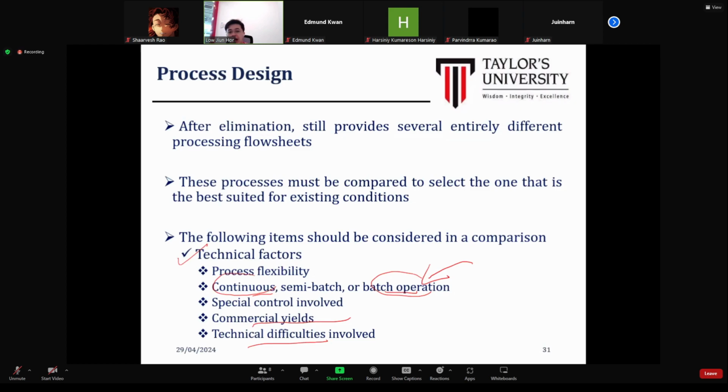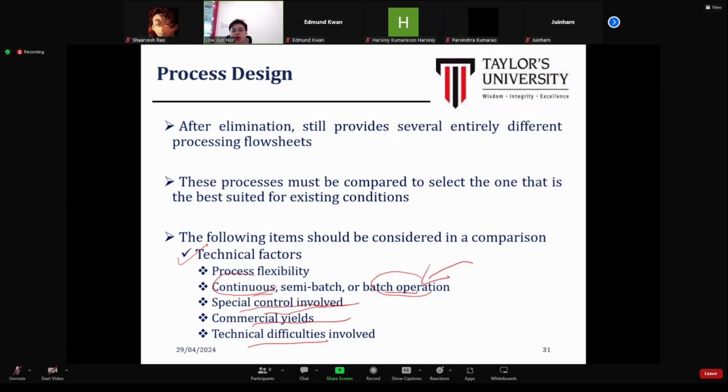Based on the selected technology that we are going to use in our design, does it involve any control system or safety control valve that is very special? Or do we need to include very special equipment in our process? If let's say we select the first process, all this you need to consider.